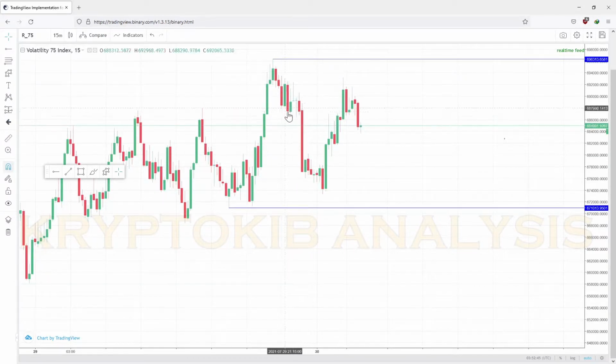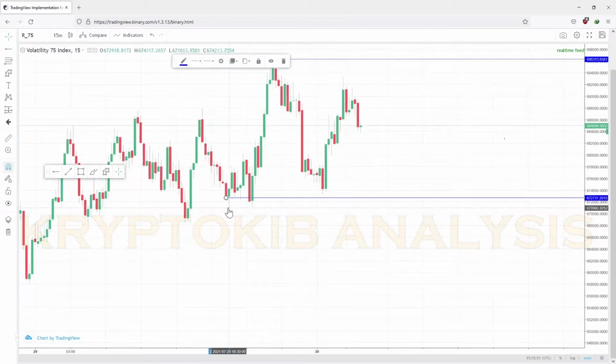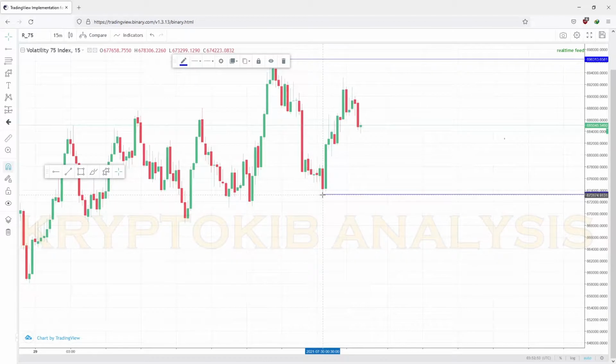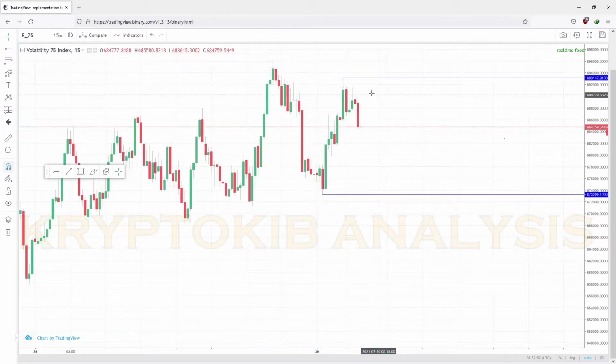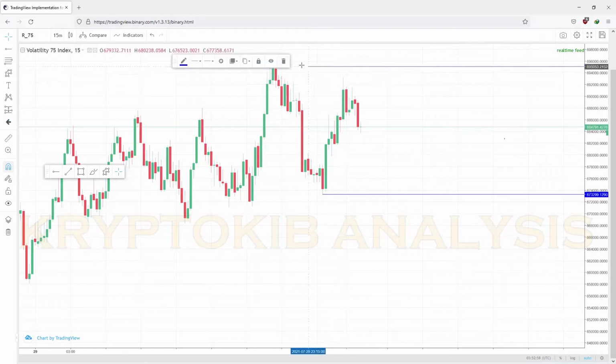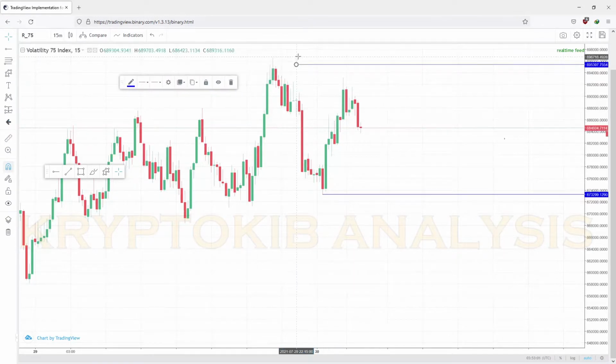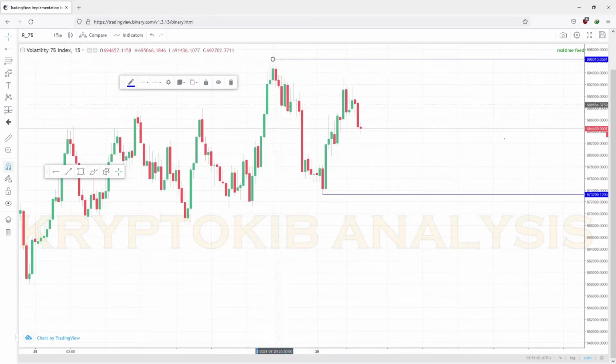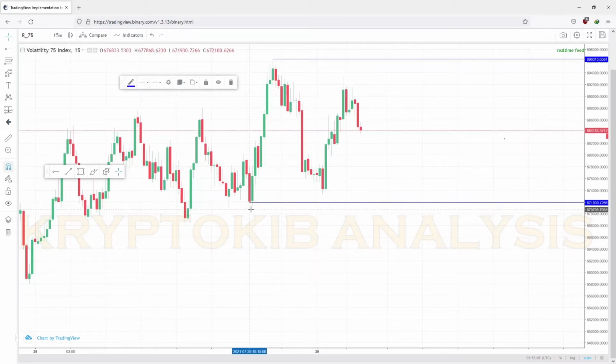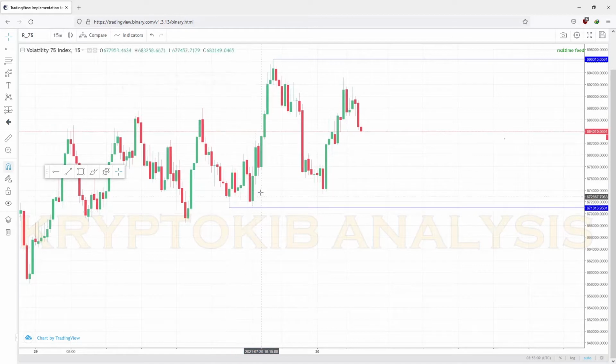And from what we can see, we have a move here, we have a high here, we have a break here. People are already believing this is a bearish move, and some people are already shorting. But then what do we have? We have a higher low, and right now we still have a lower high to this. So this high still remains our high to break for a bullish continuation, and this low still remains this low. Exactly, it's lower than this.